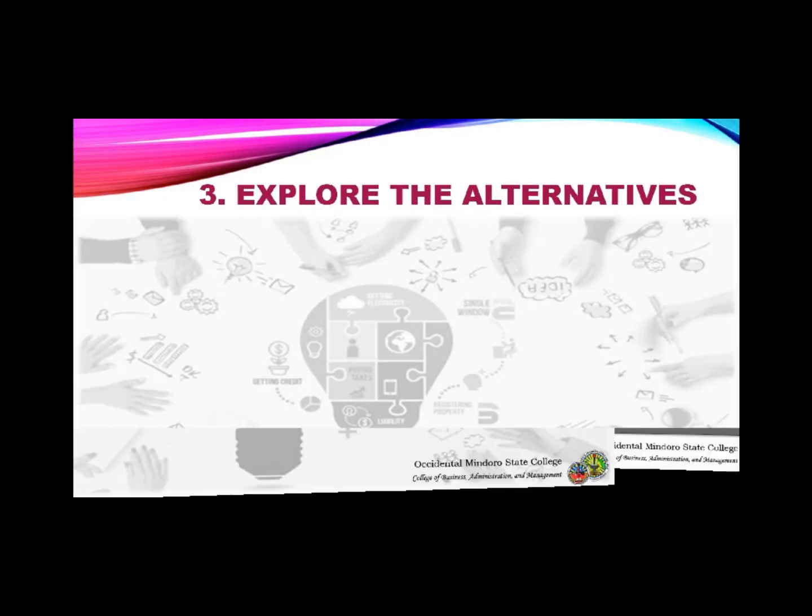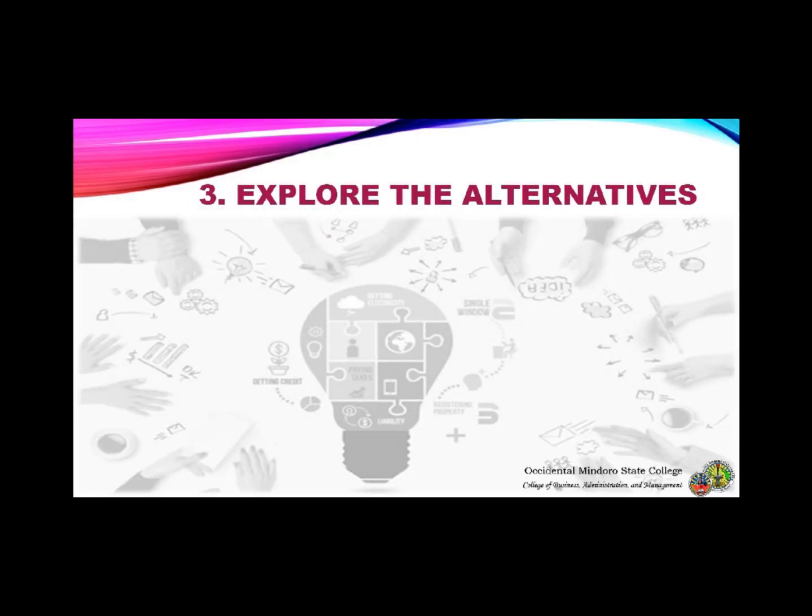The third step is to explore the alternatives. What are the alternative courses of action? What are the variables under the decision maker's control? What constraints limit the choice of options? After addressing the question, what do you want? In step 2, it is natural to ask, what are our options?